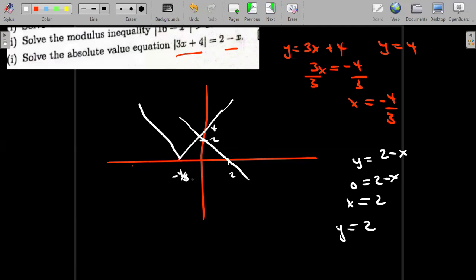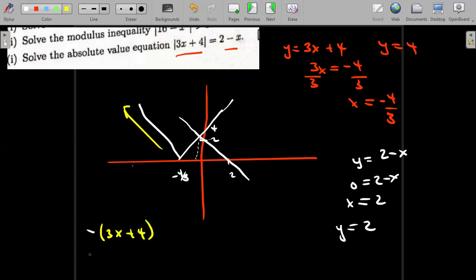So now, when you get something like this, what then are we going to do? See where they are crossing? It is crossing at this point here somewhere, and this lies in the negative region. So in order to solve this equation, the negative side of the graph, this line going this direction, is going to be defined by the negative of whatever you have inside there.